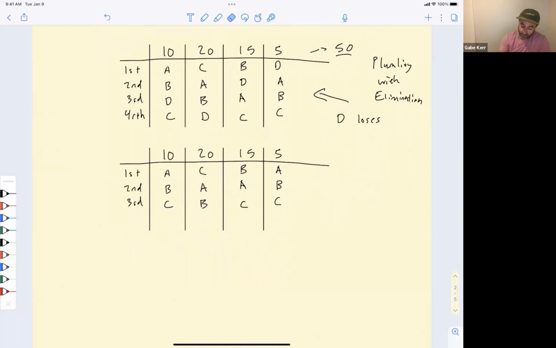Now we ask the same kind of question: who loses this preference schedule? I'd have to count. So in this case, we have sort of a losing tie. I guess we'd have to look at second place.